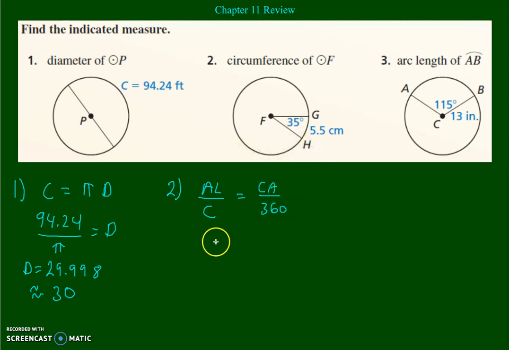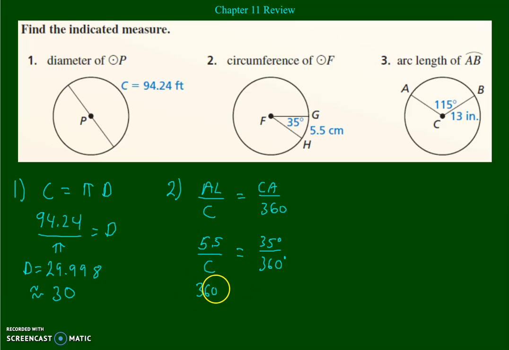Now substituting in what we know from the problem statement, we know the arc length is 5.5, and we divide that by circumference, which is what we're looking for in this problem, circumference of circle F, equals the central angle. The central angle they gave us was 35 degrees over 360. Now, we have to do a little manipulation here, and I'm going to multiply both sides by 360.